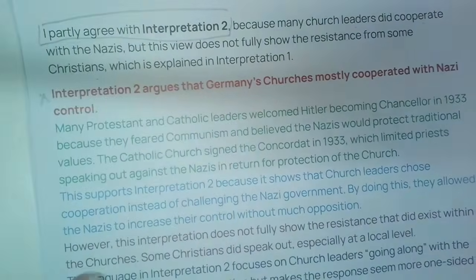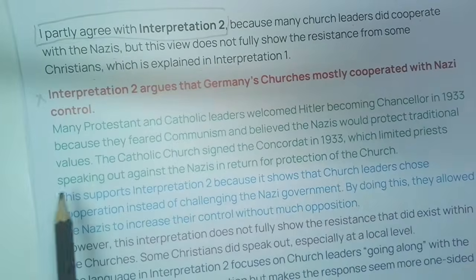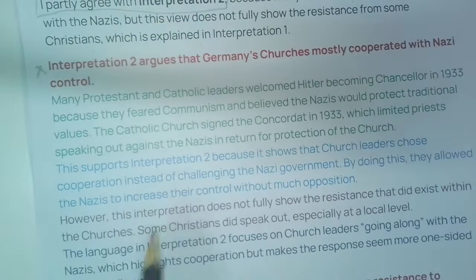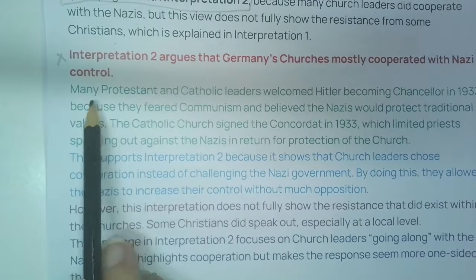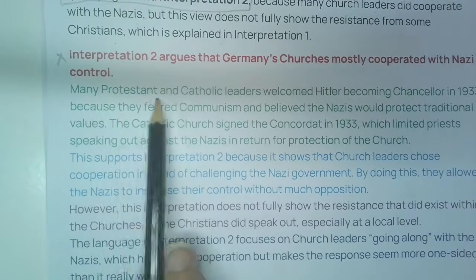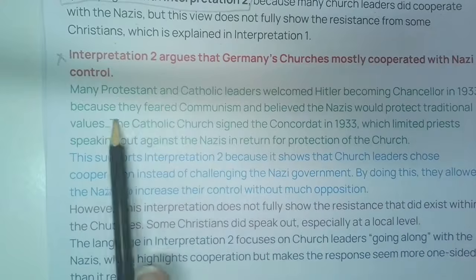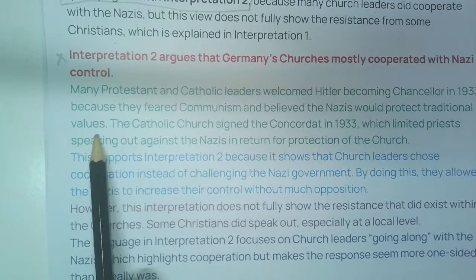Here we go. Interpretation 2 argues that Germany's churches mostly cooperated with Nazi control. Okay, that's what it says. I'm not breaking the bank here. I'm just literally saying what it says. Let's back it up with some knowledge. Many Protestant and Catholic leaders welcomed Hitler becoming Chancellor in 1933 because they feared communism and believed that the Nazis would protect traditional values.